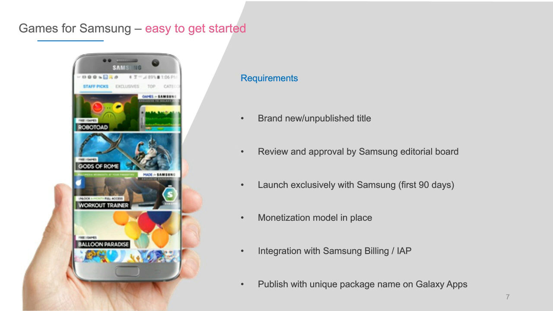It means that if you would like to continue to be published in Galaxy App Store after the exclusivity period has expired, we would still prefer that you maintain the unique package name, which will allow you and us to have a clear view of how your game performs in our store, and it also will prevent our customers crossing to other app stores and vice versa. So those are pretty much the requirements for you as a partner if your game is accepted to be part of the Games for Samsung.